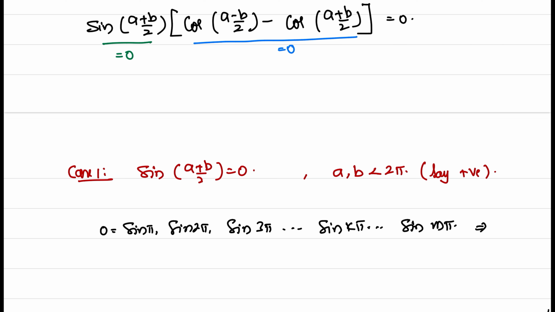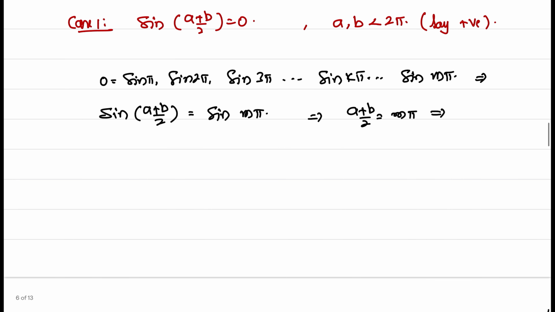That means we are finding the general solution here. sin((A+B)/2) is equal to sin m pi. That means (A+B)/2 is equal to m pi. That implies A+B is equal to 2 m pi, where m is any number. Then B is equal to 2 m pi minus A.